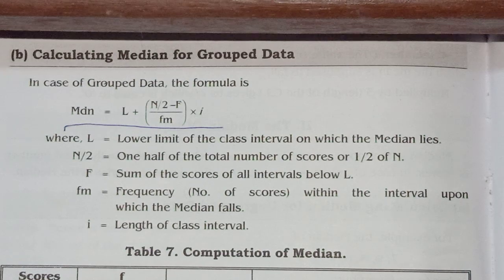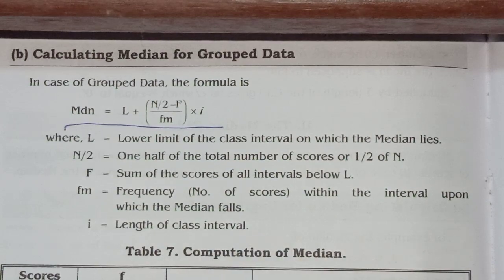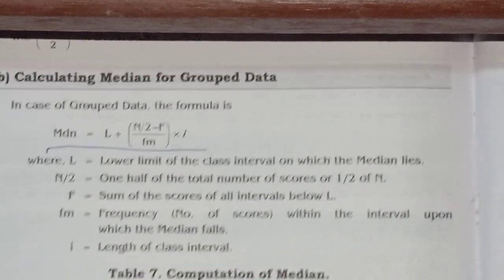F is the sum total of the frequencies of the scores which are below the median class interval. What is fm? fm is the frequency of the median class interval. What is i? i is the length of the class interval, or interval. So I think you all have well understood the theory.